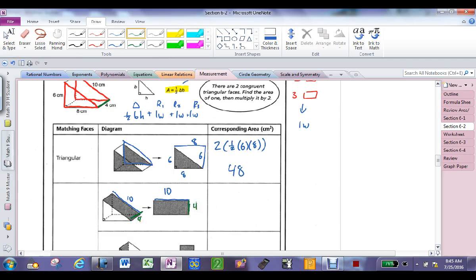How many of them are there? 1 in this case. In rectangular prisms, how many would there be? 2. But in a triangular prism, there's only 1 because the 3 triangles are different. So this guy is 10 by 4 to get 40 for that rectangle, right?